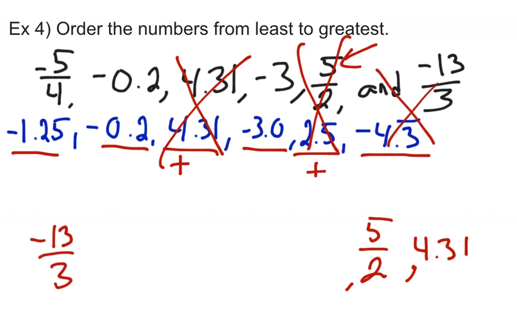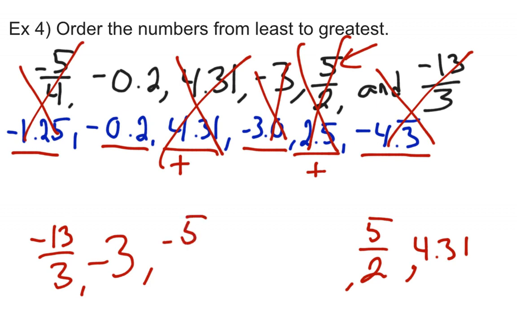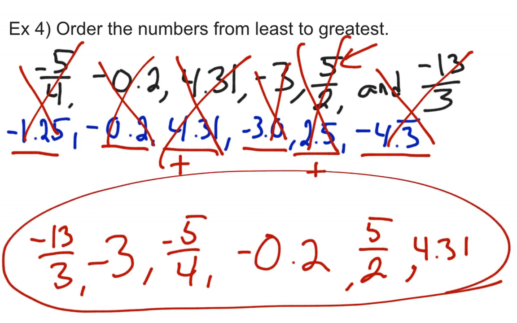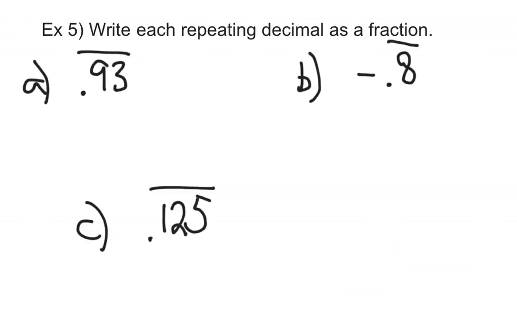Then I go to the negative 3, which was just a negative 3 to begin with. Then the negative 1.25, which was originally negative 5/4. And finally that leaves me with only the negative 0.2. And there are all your numbers from least to greatest. But put them in decimal form first.